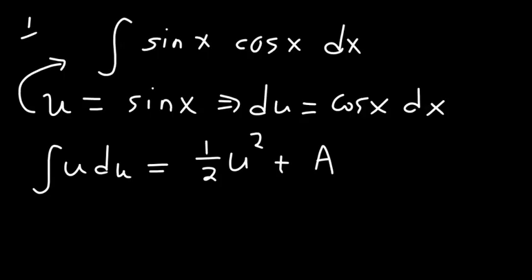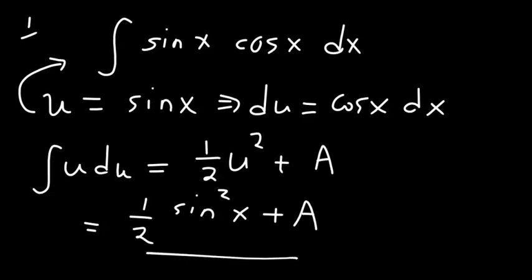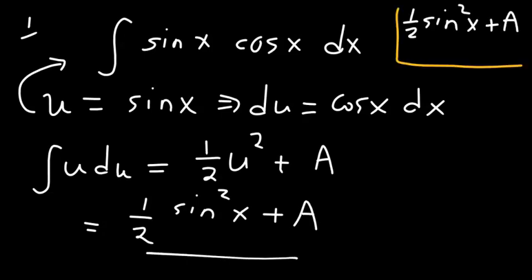Let's call it a. So substituting the expression for u, we get half sin squared x plus a, and that's the complete answer. Let's jot down the answer here for future reference.